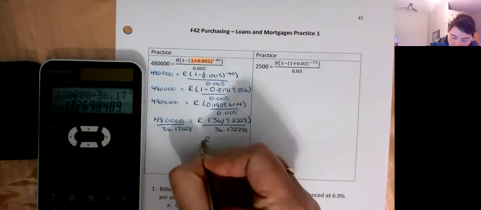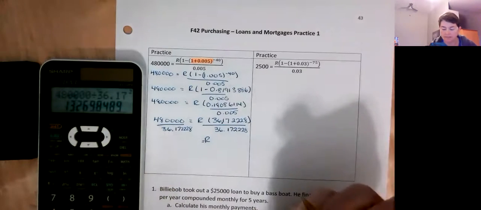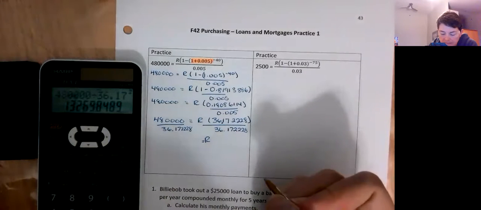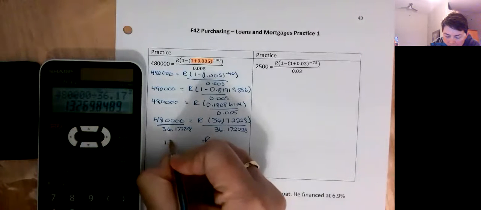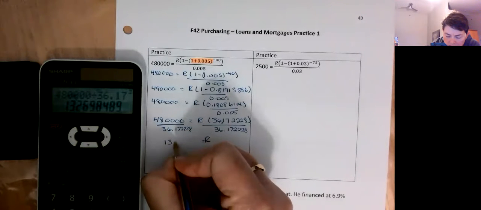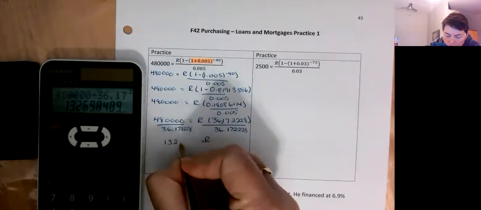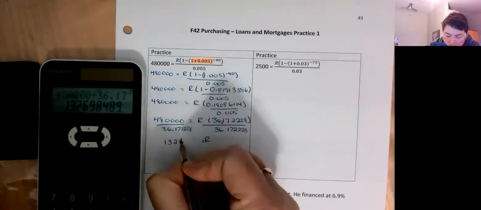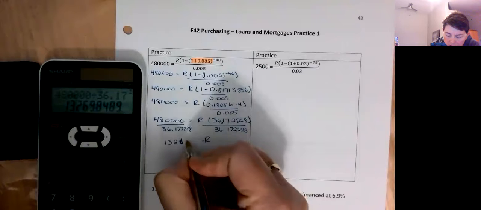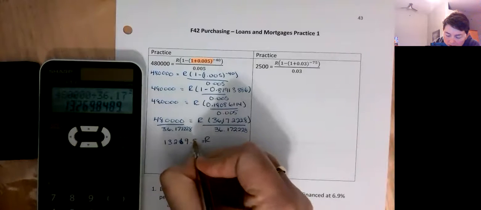So my regular payment is going to be $13,269.85.